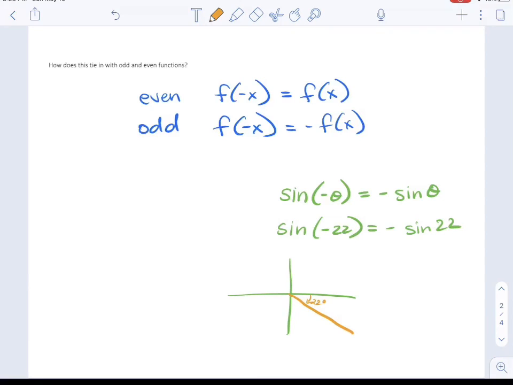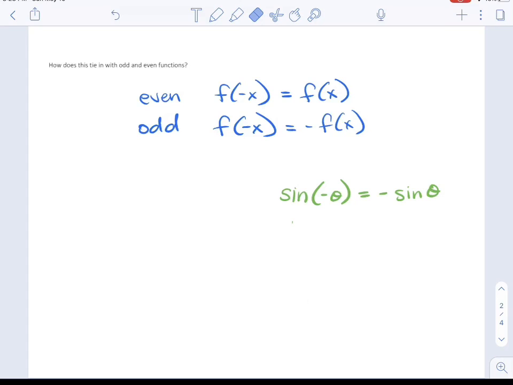I know that's in the fourth quadrant, CAST. Sine's negative in the fourth quadrant, so that's equivalent to the negative of sine of that related acute angle, 22. So I already know that these are the same. You can put them into your calculator and test it if you want, but that's one way to think about how it relates to odd and even. So I'm going to leave that one up there.